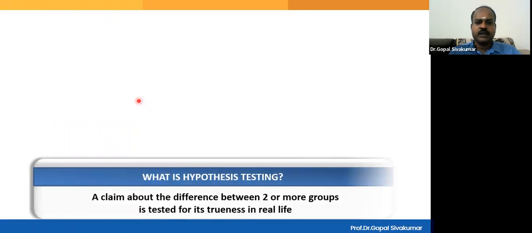All right. So what is hypothesis testing? A claim about the difference between two or more groups is tested for its trueness in real life. Let us say you have three suppliers who are supplying some raw material to your company. And why are you procuring from three suppliers? Because you believe that the incoming material quality is more or less the same with all three suppliers.